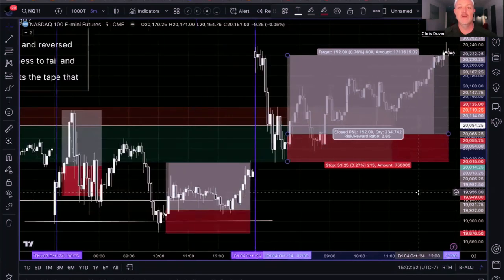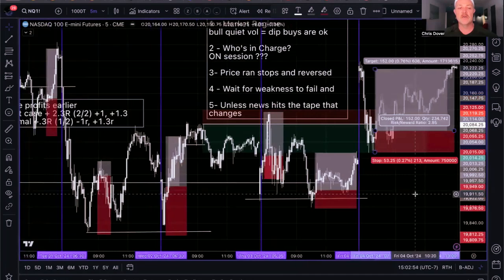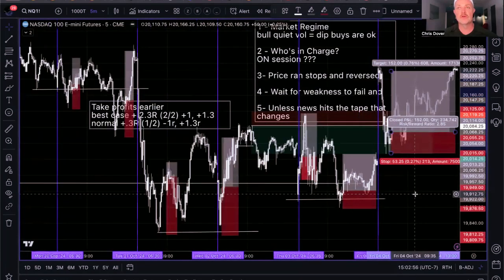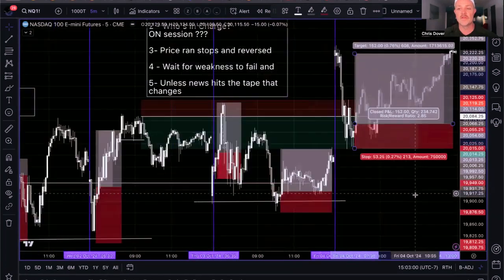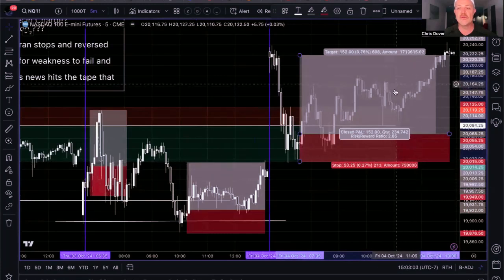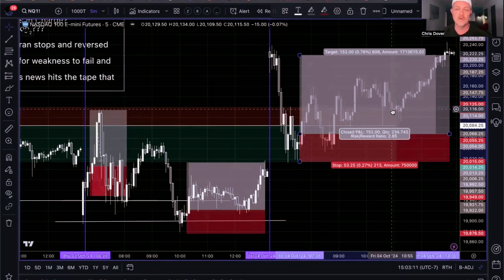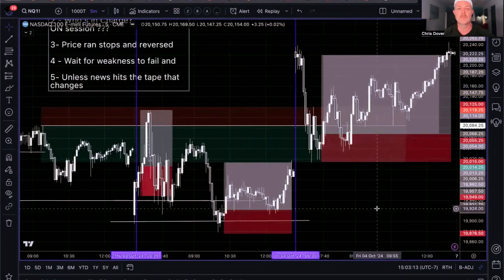Probably 5R on average. If you're really good at this job, you would have added to your position in certain places, and you could have doubled that if you just did it as textbook as could be. 5 to 8R was totally doable in this market regime on the Nasdaq.